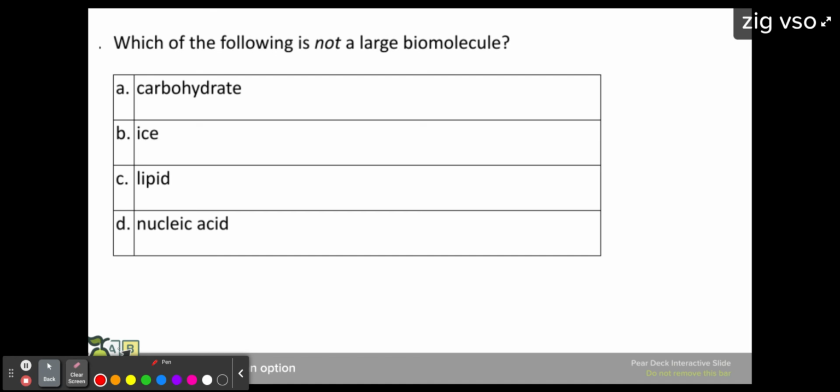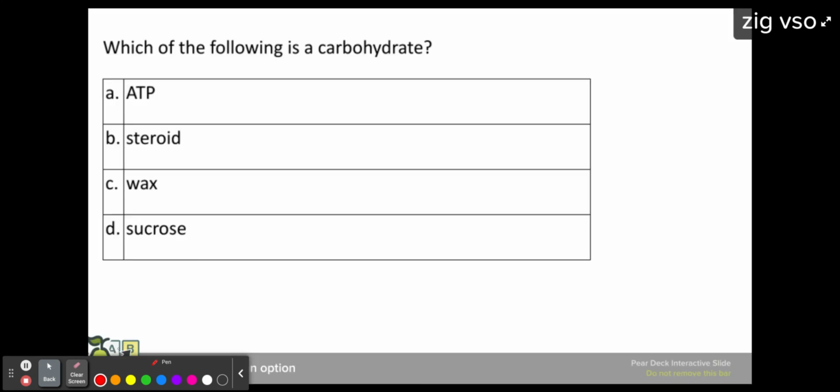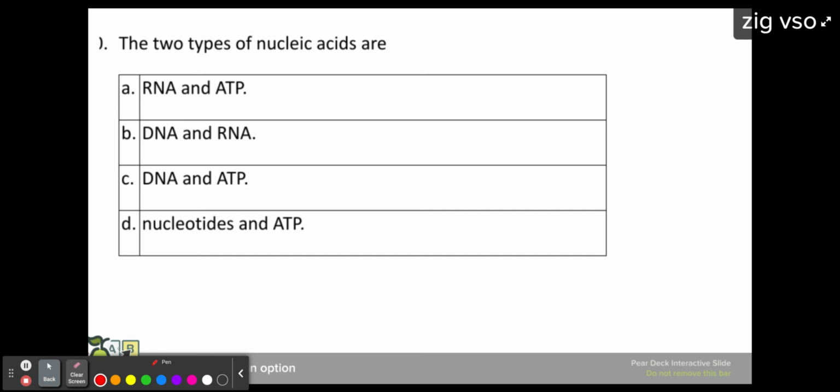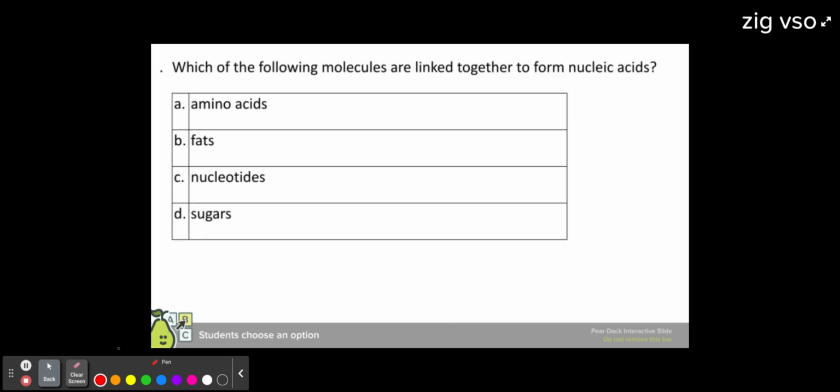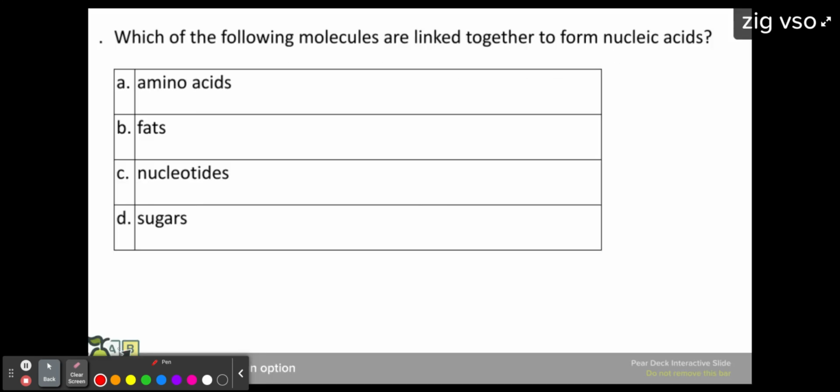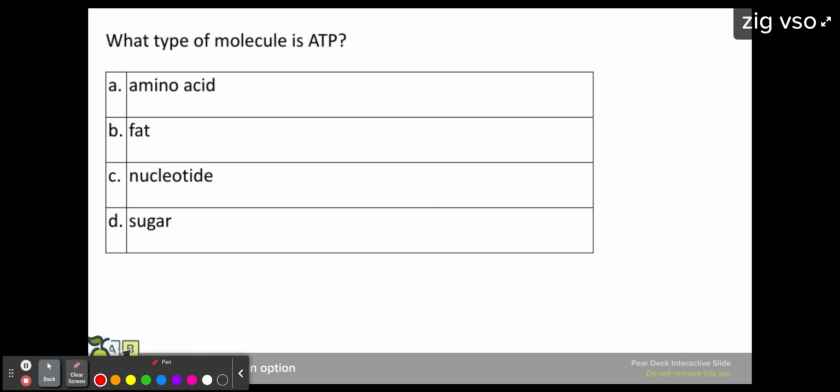Which of the following is not a large biomolecule? Which of the following is a carbohydrate? The two types of nucleic acids are? Which of the following molecules are linked together to form nucleic acids? What type of molecule is ATP?